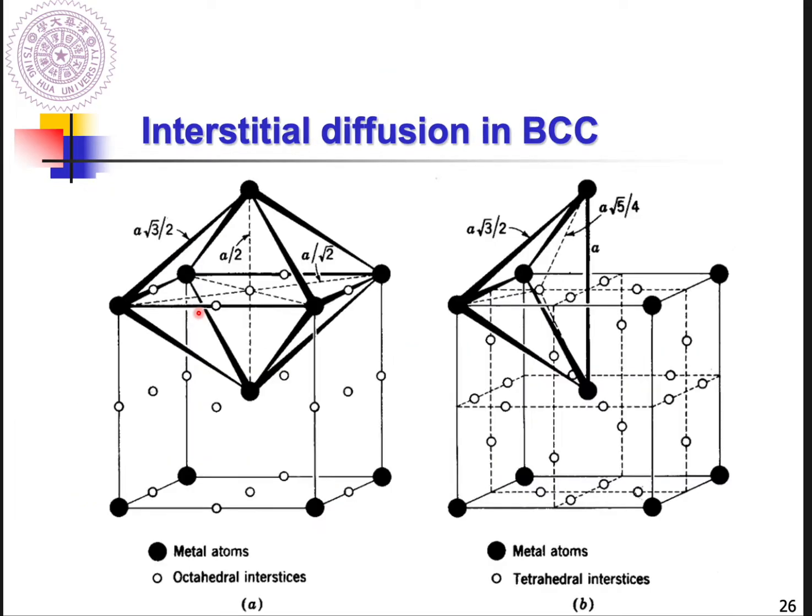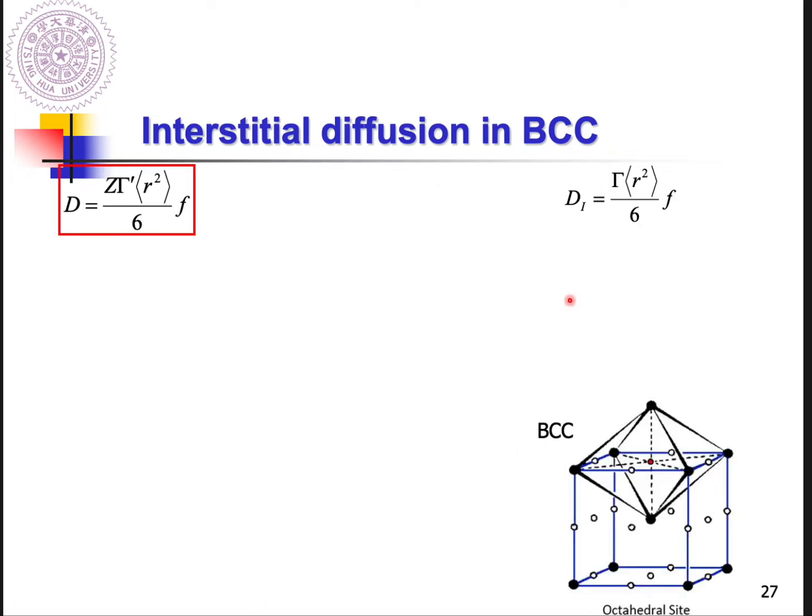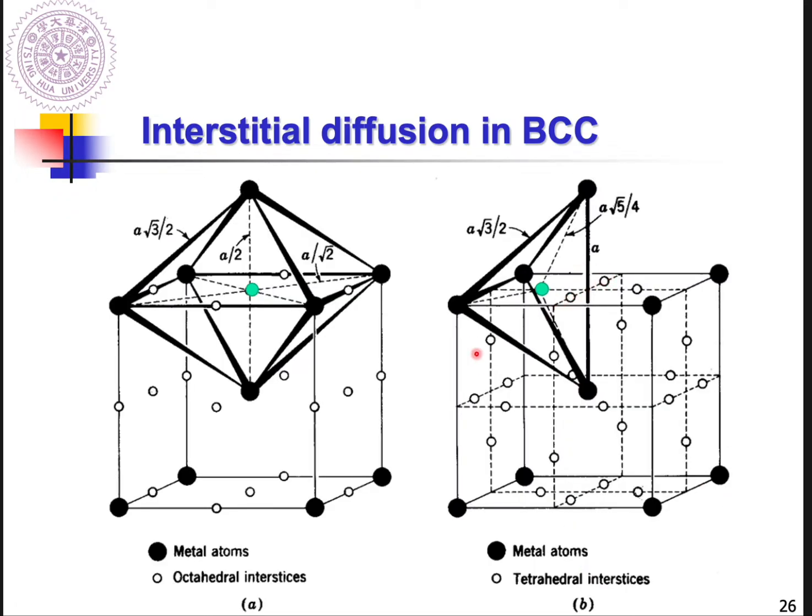As you know, if we take BCC as an example, then there are two different interstitial sites. The first one we call the octahedral interstitial site, and we label that with a small white ball. We also have what we call a tetrahedral interstitial site in BCC, which we also label with a small white ball here.